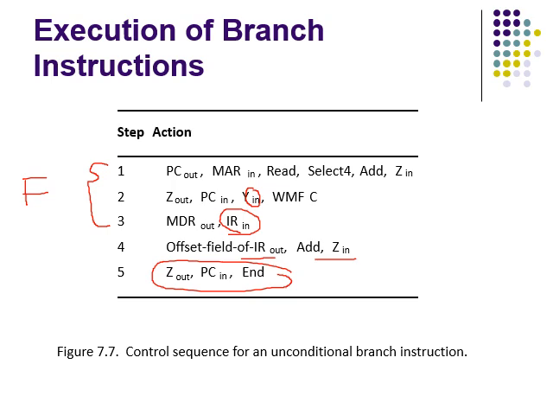The offset X used in a branch instruction is usually the difference between the branch target address and the address immediately following the branch instruction.